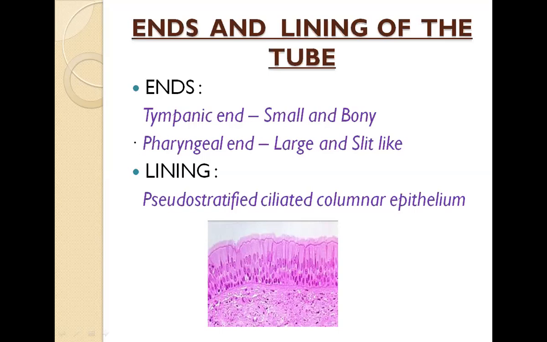So this is a point for objective type questions. It has two ends, the tympanic end and the pharyngeal end. The tympanic end is small and bony, whereas the pharyngeal end is large and slit-like.